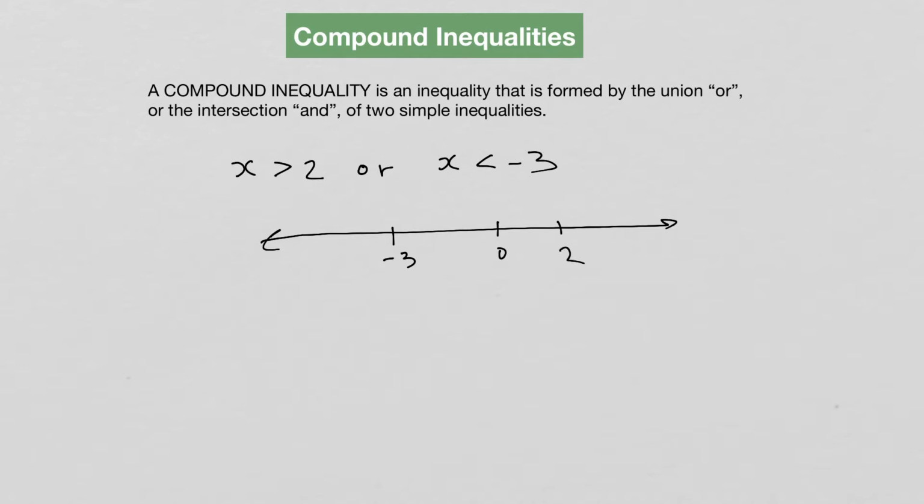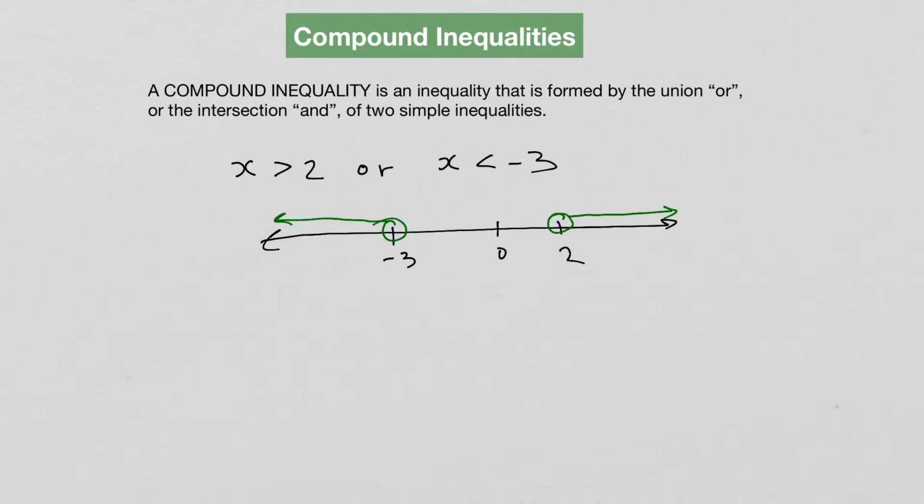Okay? So we're going to graph x is greater than 2. So we're going to have an open circle at 2 and then draw an arrow to the right because all values greater than 2 are valid. And we're going to put an open circle at -3 and draw an arrow to the left representing all values less than -3.